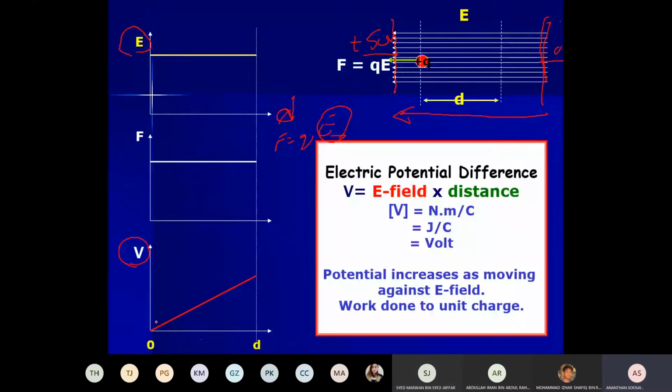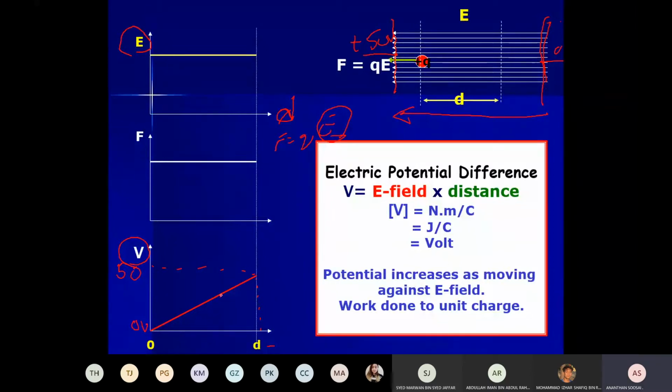So the voltage must start from 0 volt and reach 50 volt at the other plate. So the voltage rises at the same rate. So the V versus d graph is going to be a straight line with a gradient.